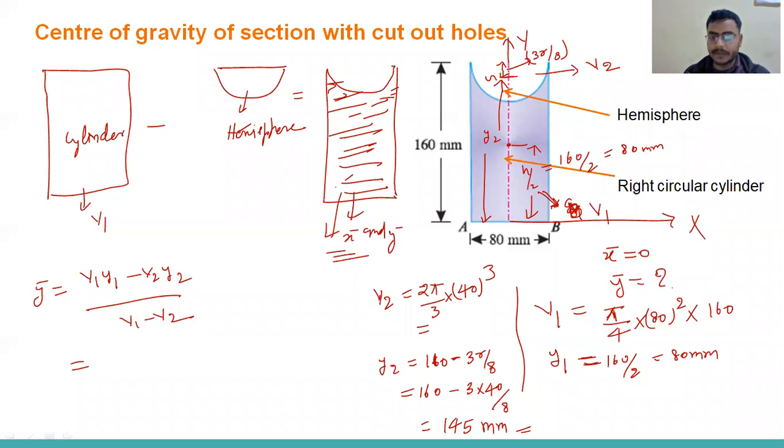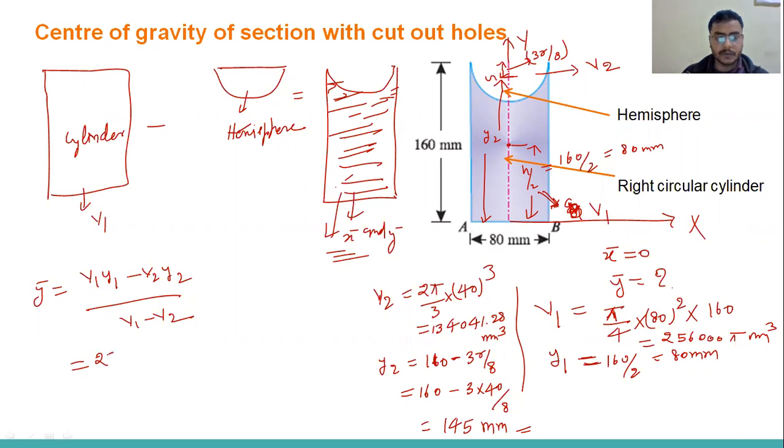By calculation, you will get V1 as 256,000 pi, and V2 as 134,041.28 mm3. This is the volume. Now you can put the values of V1, Y1, V2, Y2, and you will get Y bar.